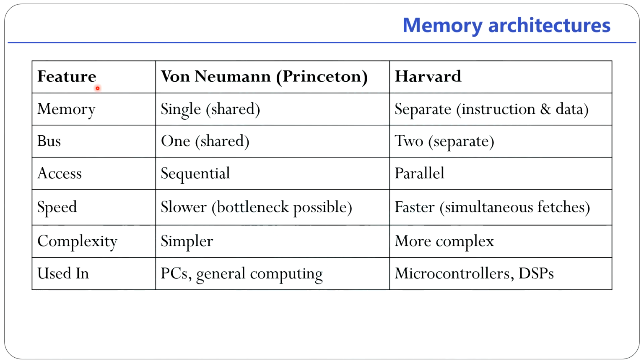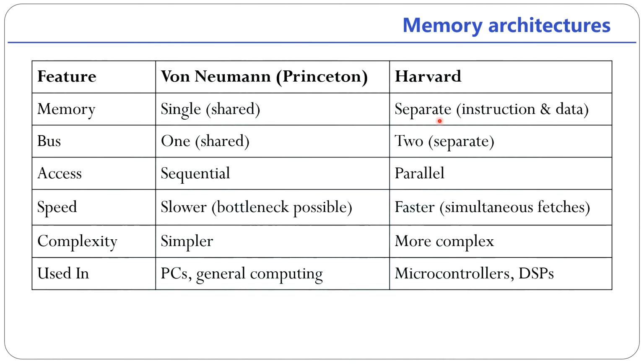First of all, the memory. Here we use a single memory, shared. But here there are separate instructions and data memories. For the bus, one bus is available here, so we share the bus in the von Neumann.